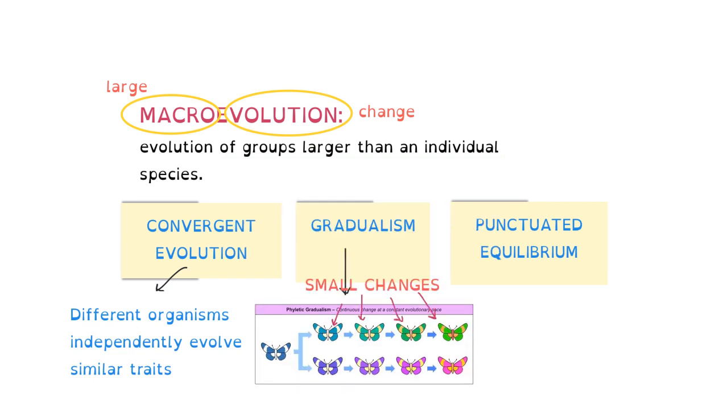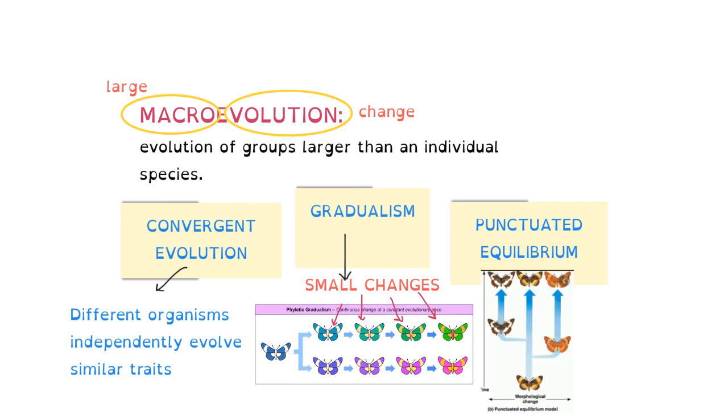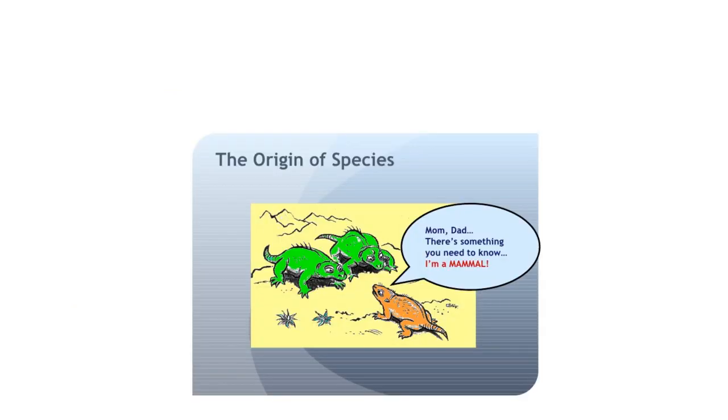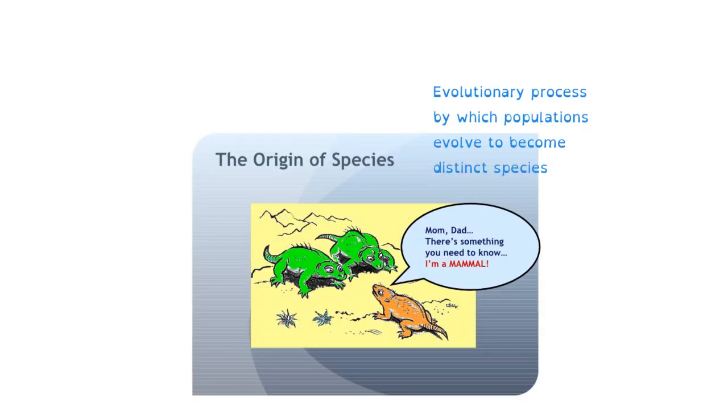In punctuated equilibrium, however, there is a long period of no changes with little or no evolution interrupted by changes in evolution in small periods of time. When these changes result in the origin of a new species, the process is called speciation.